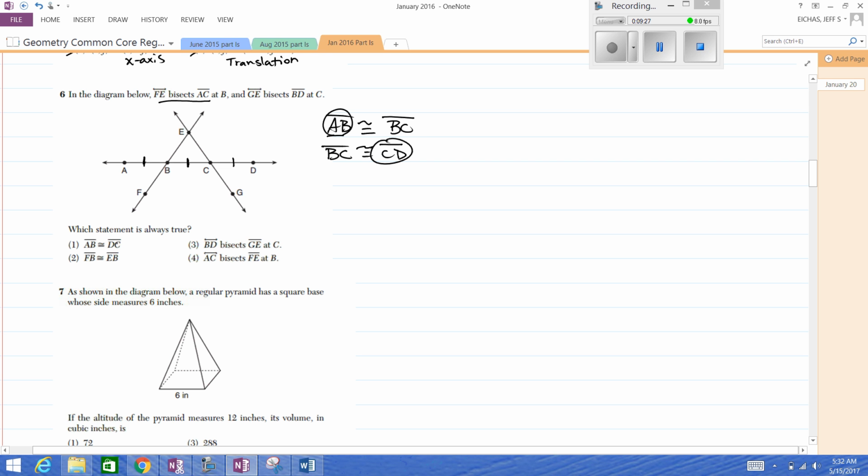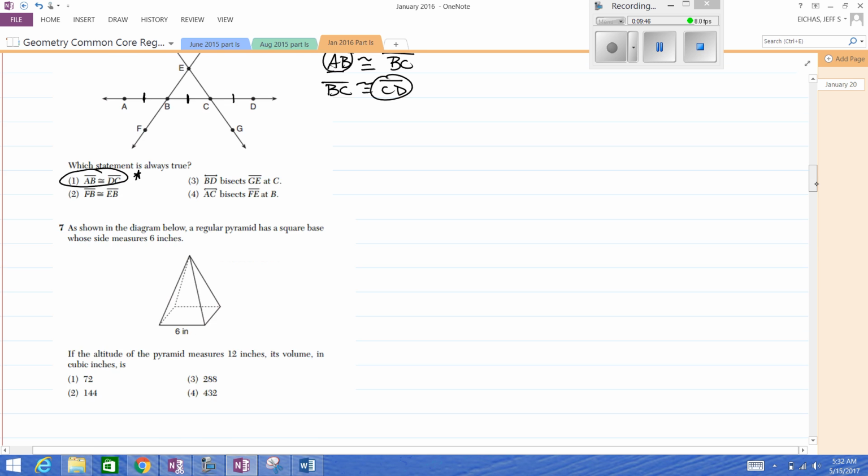They made it DC, but that's what they're getting at. That's always true. These other things are kind of tricks. They never said that these bisected each other, which is kind of what they're going after on it. Probably a couple of the choices. So this is the one we want. That's always true.